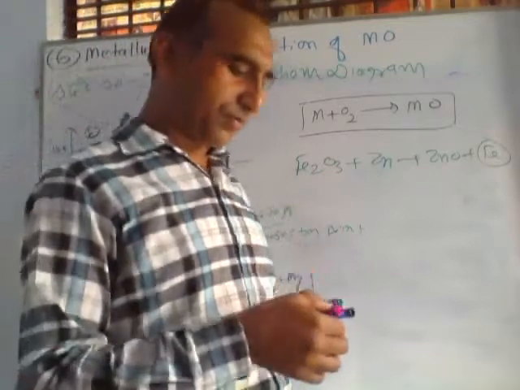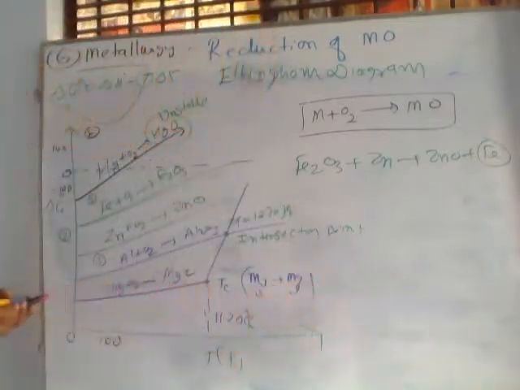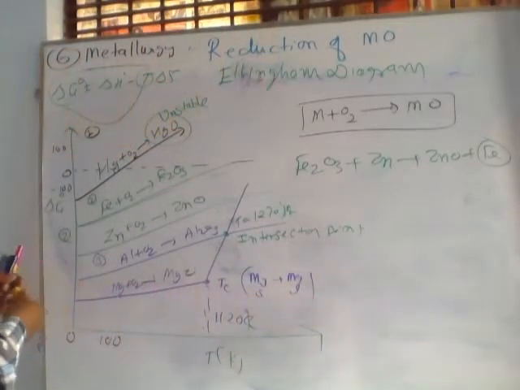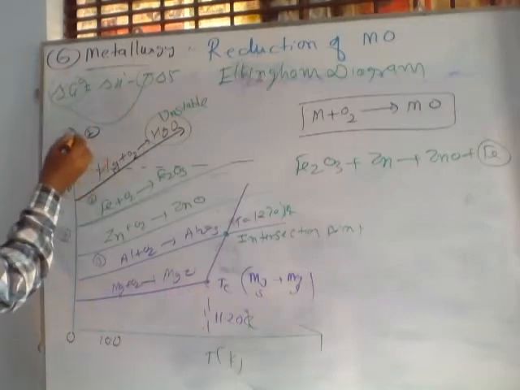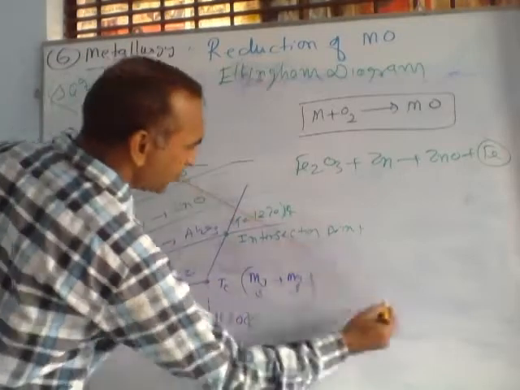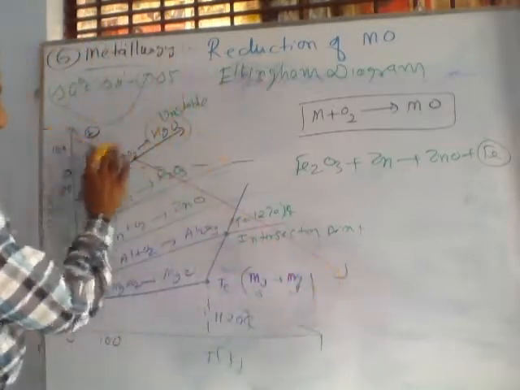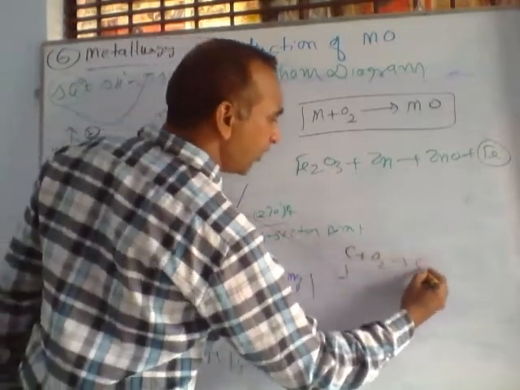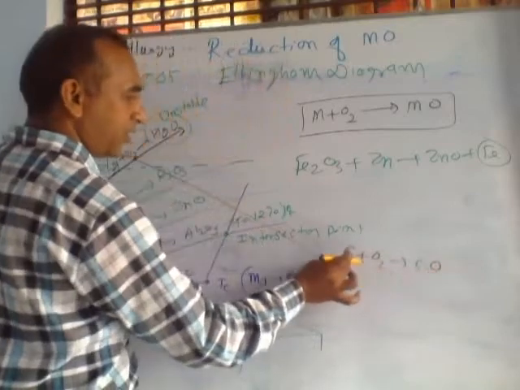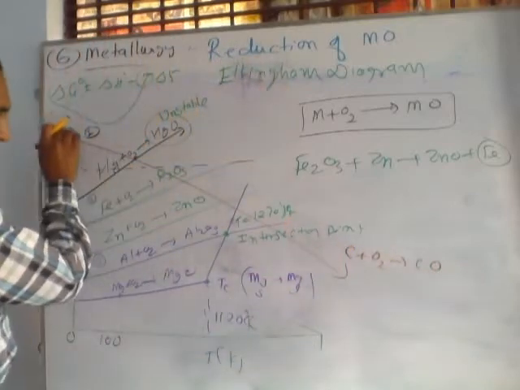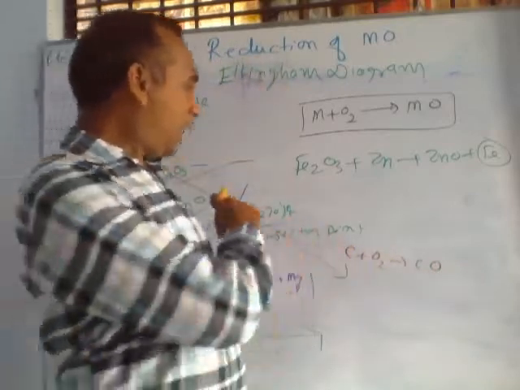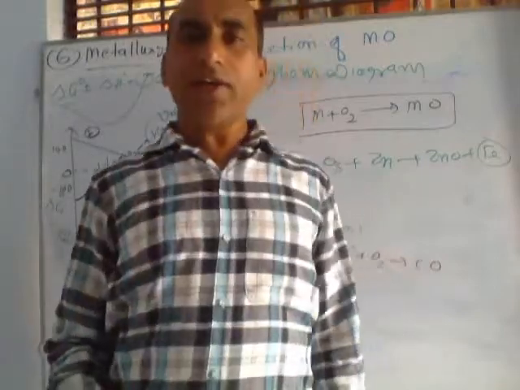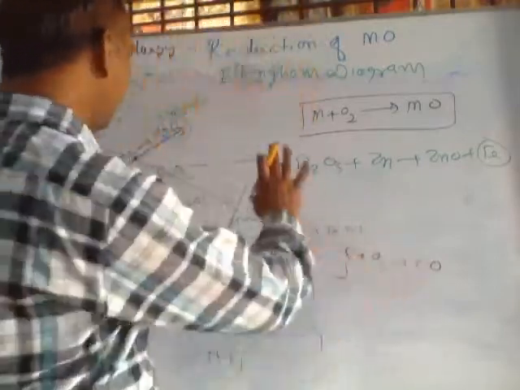And the last point. For some elements, the line is obtained like this, if we use carbon reacting with oxygen and forming CO. The carbon line intersects almost all the metal lines.